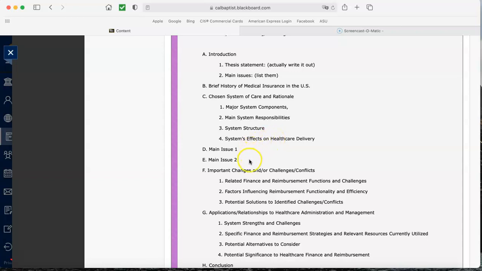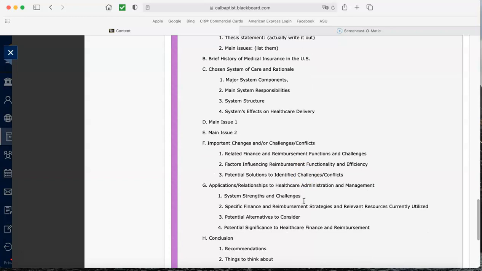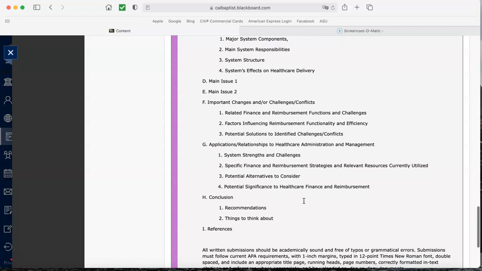Main issue 1, main issue 2, important changes and challenges or conflicts, related finance and reimbursement functions and challenges, factors influencing reimbursement, potential solutions, and then applicable relationships to healthcare administration and management, system strengths, challenges, specific finance and reimbursement strategies, and potential alternatives to consider.